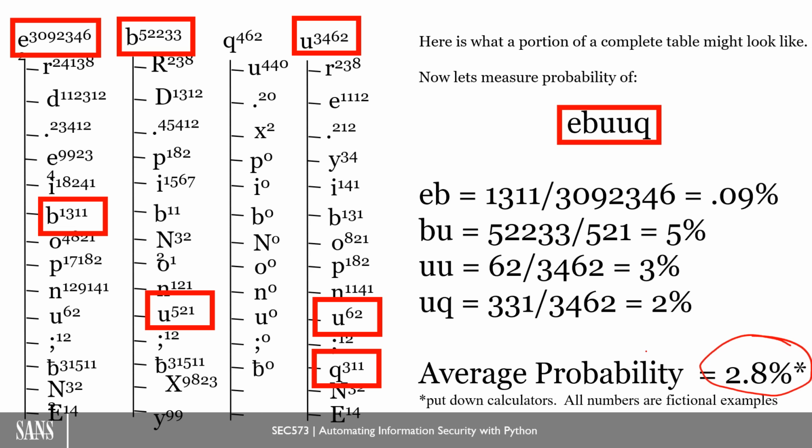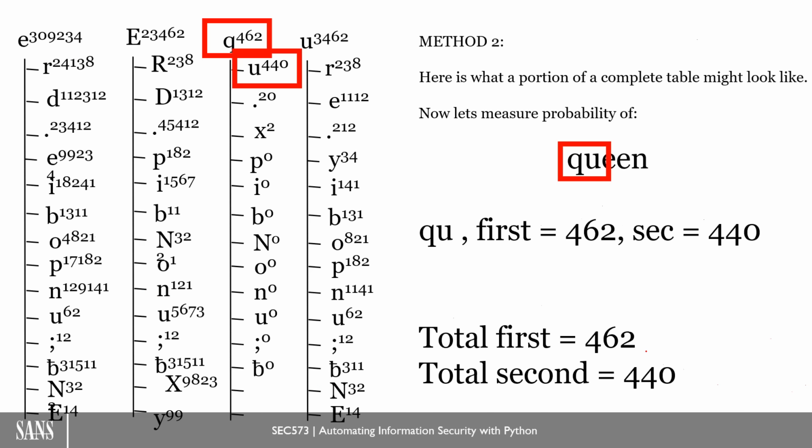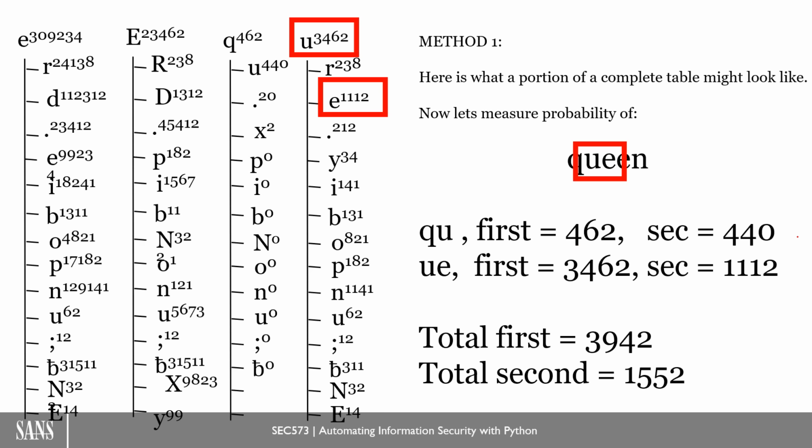But I think that there's a better way, and that's this new method that I've introduced in the most recent version of Freq. That's method 2. Now, what I do with method 2 is I'll take Q followed by U, and then I'll just total the number of first characters and second characters. So I had 642 Qs followed by 440 Us. And then I'll take UE, and I'll say, okay, now I had 3,462 first characters followed by 1,112 second characters.